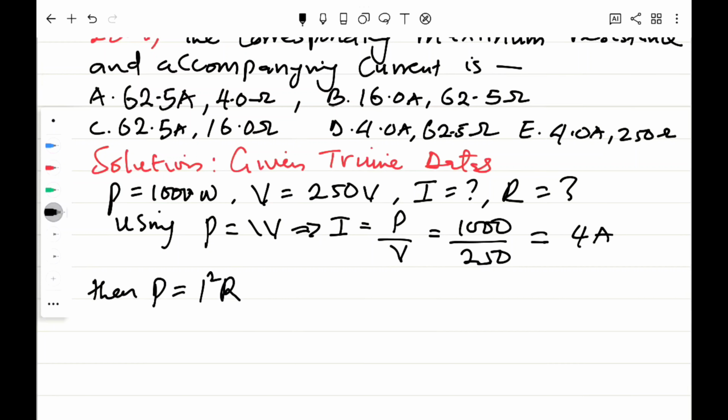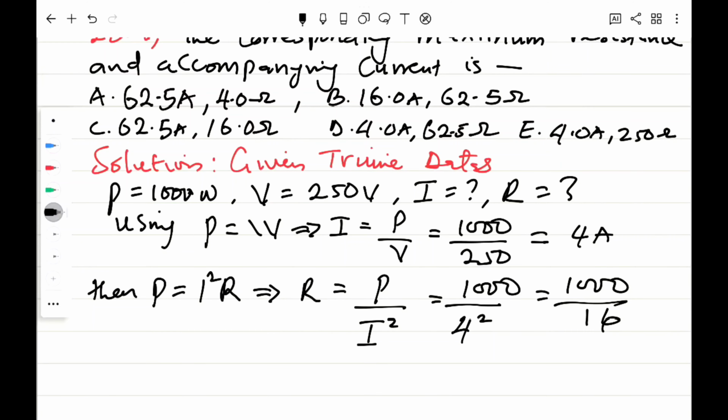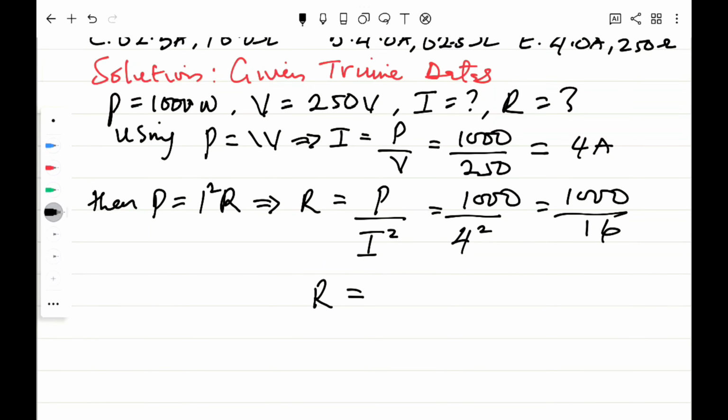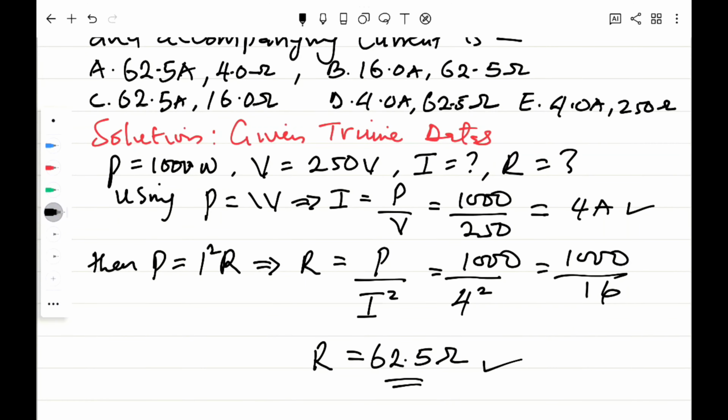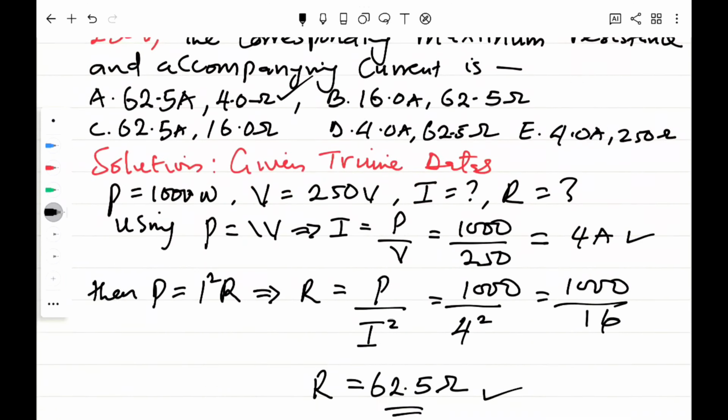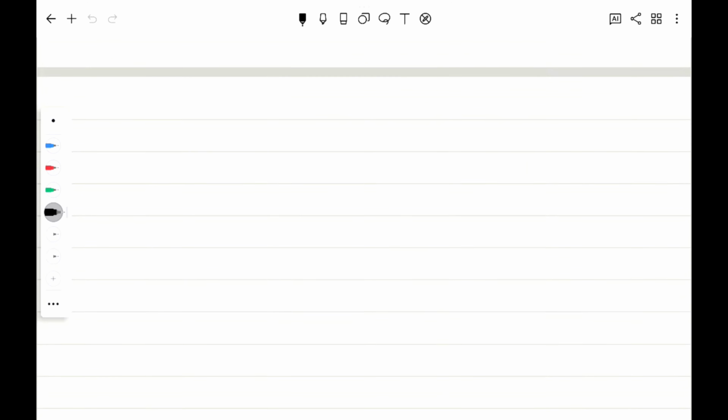Then P is equal to I squared R, so R is equal to P over I squared. 1000 divided by 4 squared gives 1000 divided by 16, and R is equal to 2.5 ohms. This gives you your final answer to this question. So always remember your formula for power under electricity.